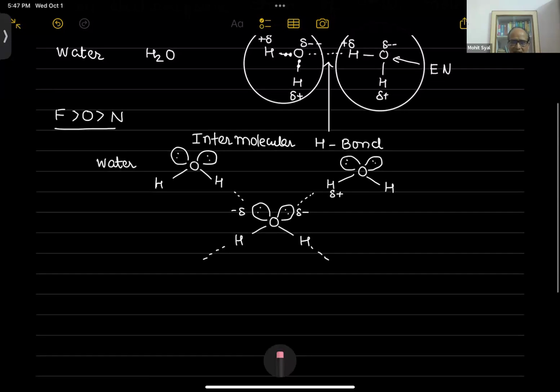Because its density is less than water. Density of ice and water: water is more. And ice is solid, but it is less dense. So what reason will you give?